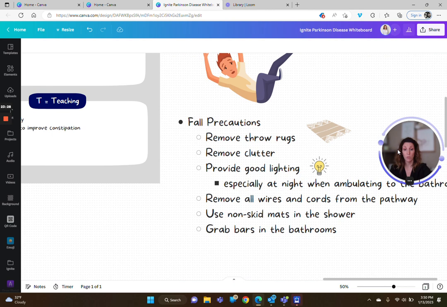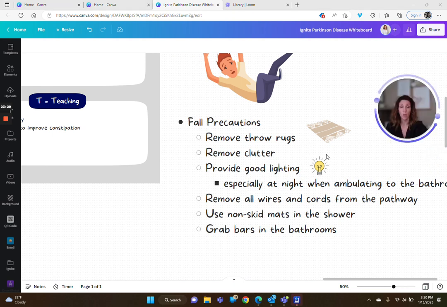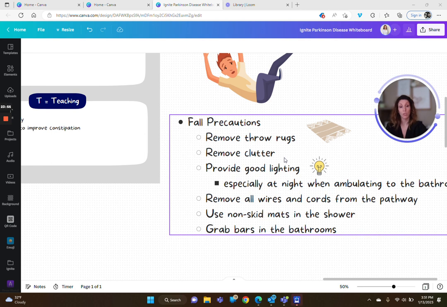So here we are, we make sure that we don't have a lot of throw rugs and clutter around our house because, if I'm not really able to take a big step, I might get my foot caught on that throw rug when I'm shuffling through the living room, and then boom, I fall and I'm injured. And then clutter, if we've got just a bunch of stuff sitting around, we're more likely to trip and fall. Okay.